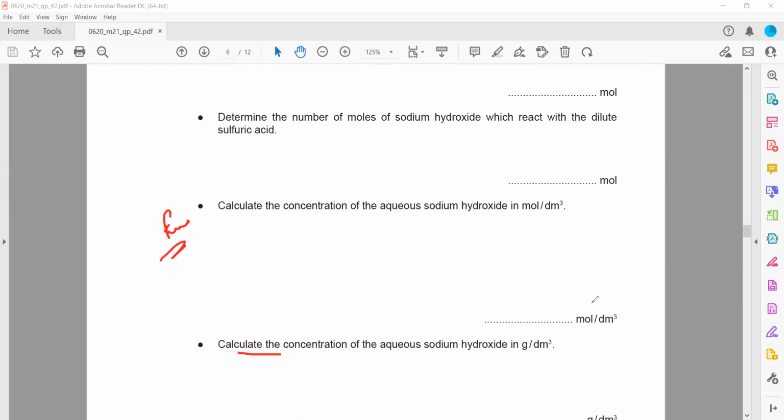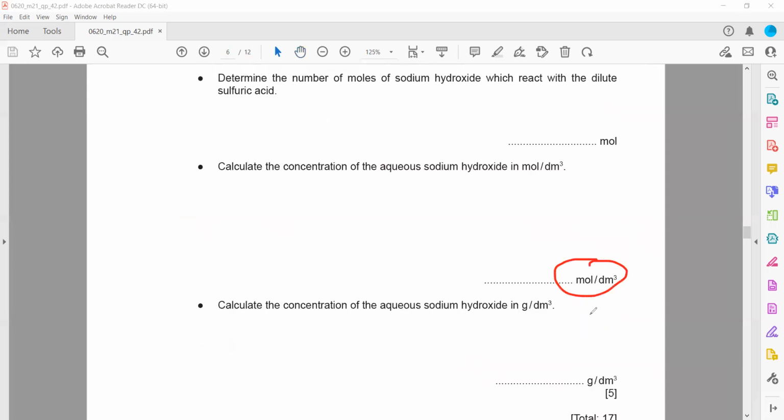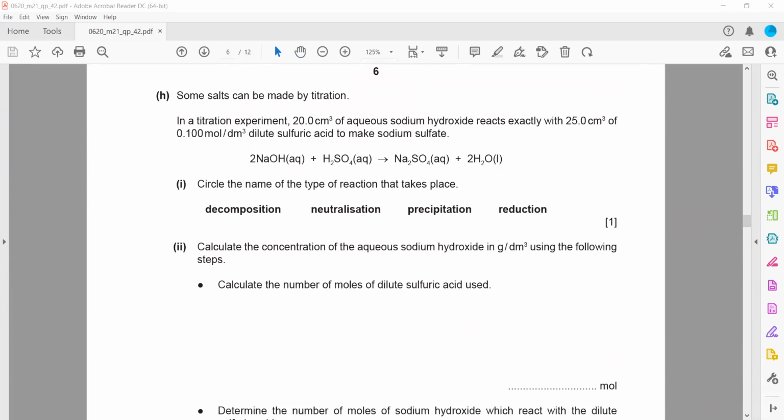And the last one, we only converted the moles into grams, because mole per dm³ gives how many moles there are, and gram per dm³ gives how many grams. To convert concentration from mole per dm³ to gram per dm³, you simply multiply by the relative molecular mass. So this was a mole question related to stoichiometry from Feb March 2021.